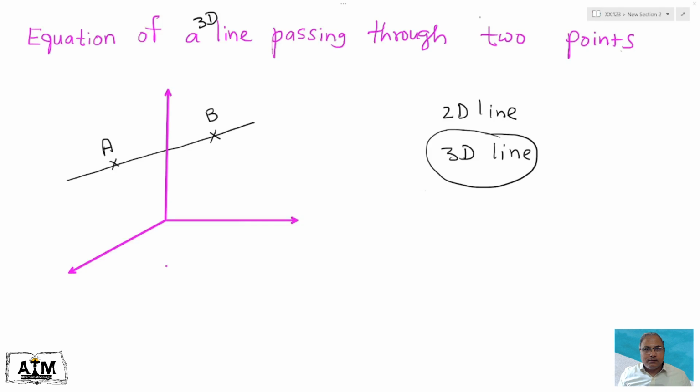Now consider the 3 axes, x-axis, y-axis and z-axis, and this is the origin.